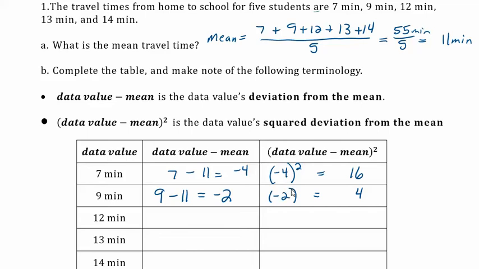Just a quick reminder, if you're punching this into your calculator, which I hope you're not, and you don't use the parentheses, your calculator is going to say -16 because it's not squaring the negative, it's only squaring the 4. If you want your calculator to square the negative, you have to use parentheses, and then it would come out to be positive. But I hope you're not doing that, because you know that a negative times a negative is a positive.